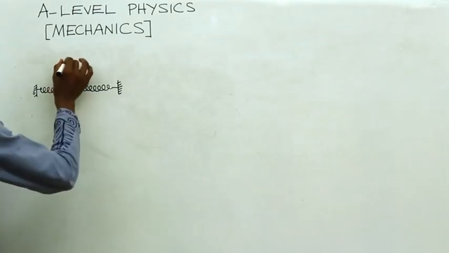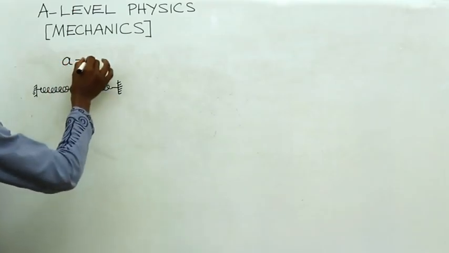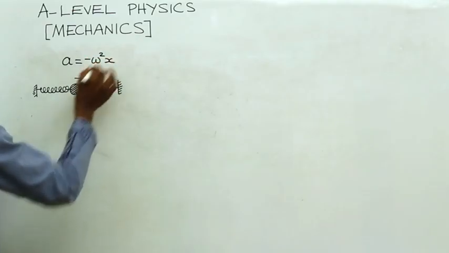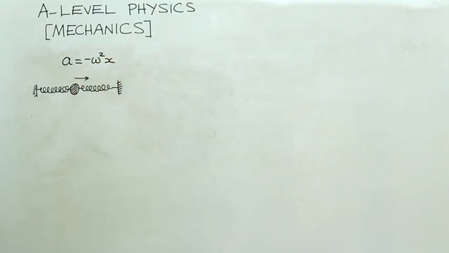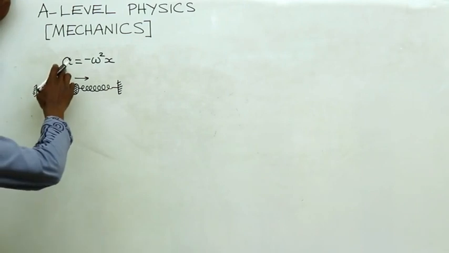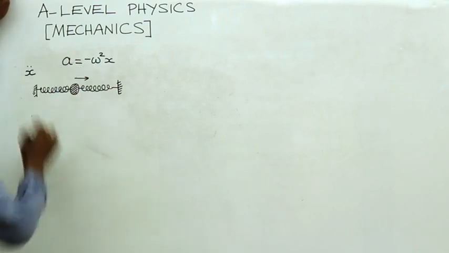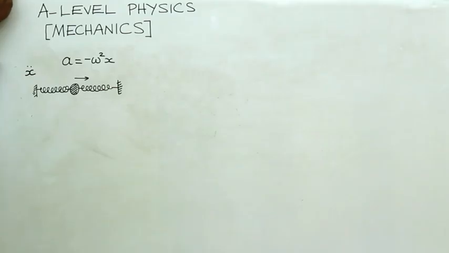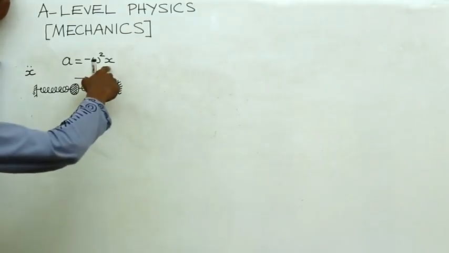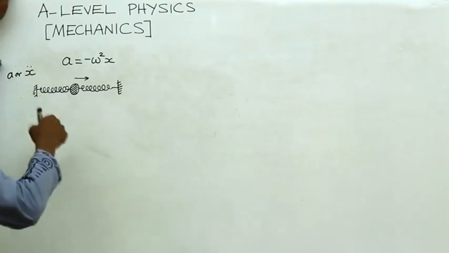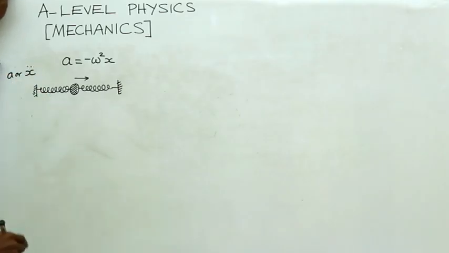So we define simple harmonic motion using an equation, which is a, in terms of its acceleration, equals negative omega squared x, where a is the acceleration. Sometimes we can just write acceleration as the second derivative of the displacement, x double dot.